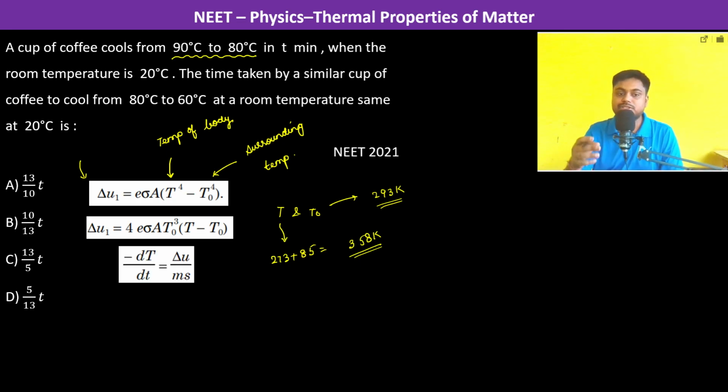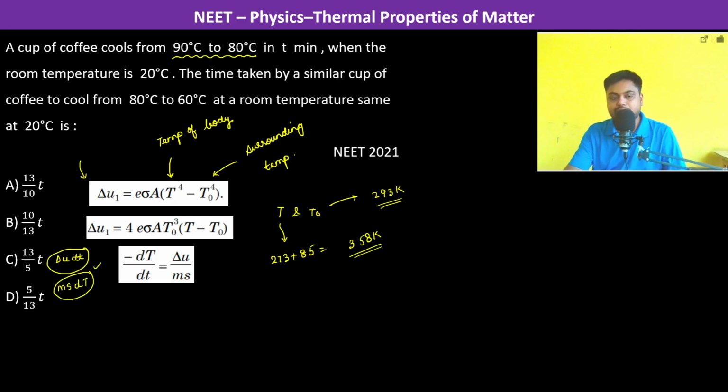So therefore we have this specific heat capacity. So M into S, like in delta t time, the heat lost is going to be delta U into dt, which causes the decrement in the temperature. Okay, so how much decrement in temperature? Ms dT.